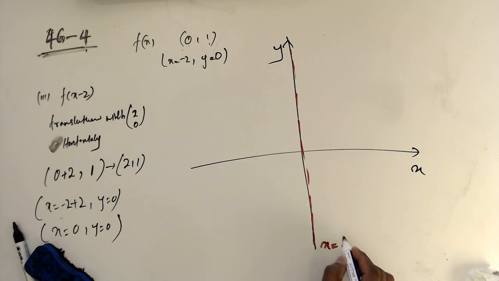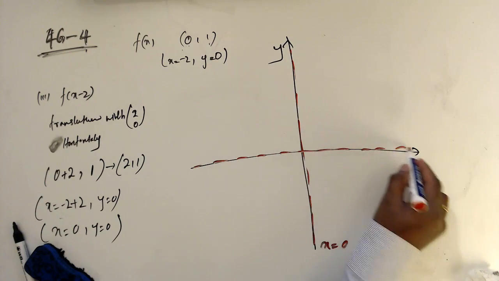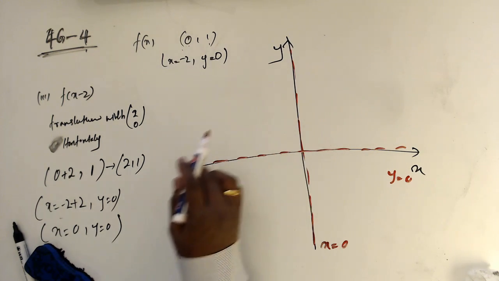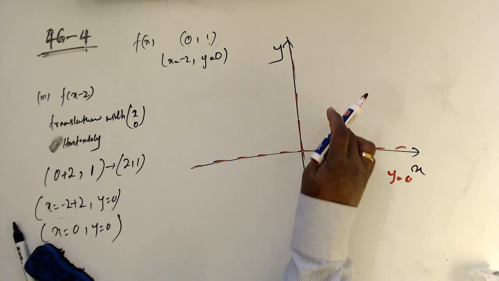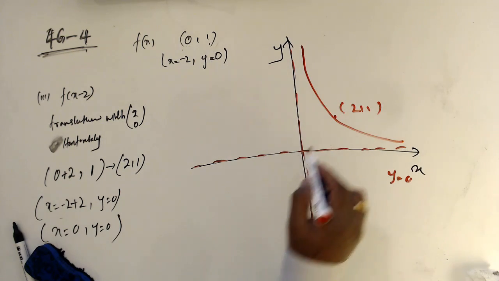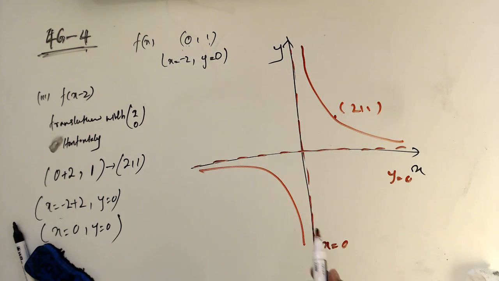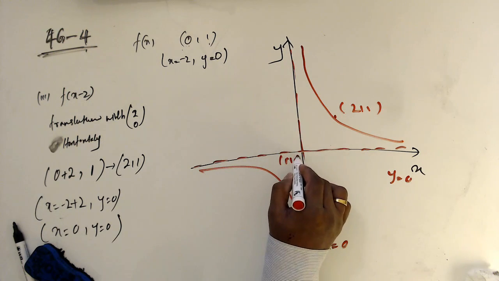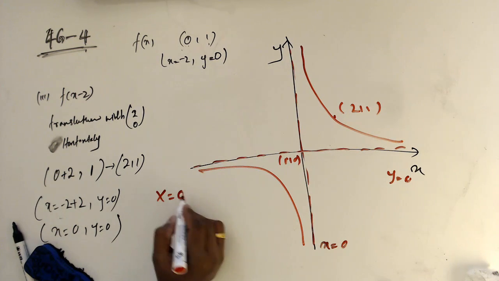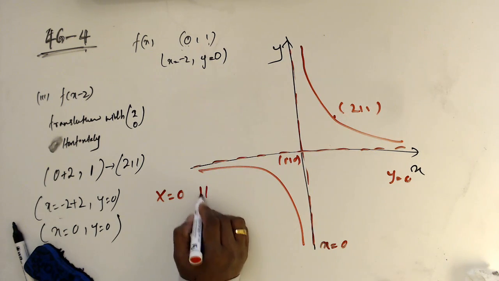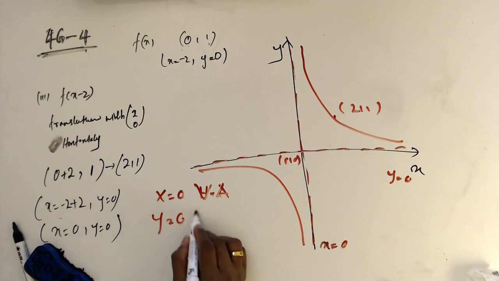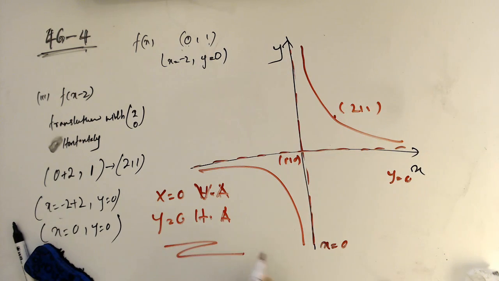This is x equals 0, the y-axis. This is y equals 0, the x-axis. And this is now going through 2, 1, somewhere here. So this is the curve. This is 0, 0. X equals 0 is the vertical asymptote. Y equals 0 is the horizontal asymptote.